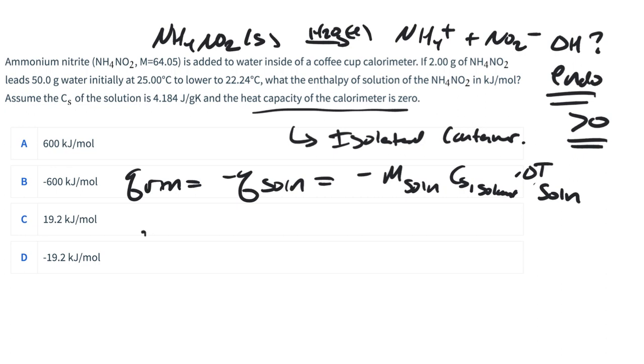And so our q_reaction, we just go negative, and by q_reaction, I mean the reaction occurring inside of this particular calorimeter, the reaction being the 2 grams of compound that's reacting inside this calorimeter. The mass of the solution is the 2 grams plus the 50 grams, so it's the mass of the entire solution, the mass of the water and the compound added together.